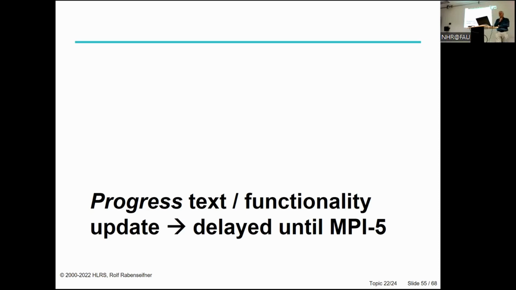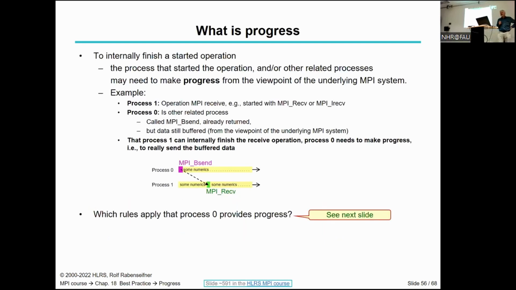Okay, and progress. It may be that we delay this topic to MPI 5, but we try already to have it in 4.1. I'm not sure whether we can get this. In principle, we want to better inform the readers of the MPI standard that MPI can be implemented in two completely different ways.